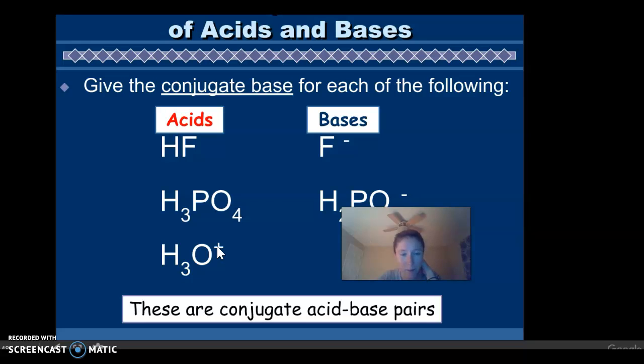This is not going to be on your reference table, it's just another way to indicate an acid. So you should get used to seeing H3O+, hydronium. So its conjugate base, what do you think that will look like?